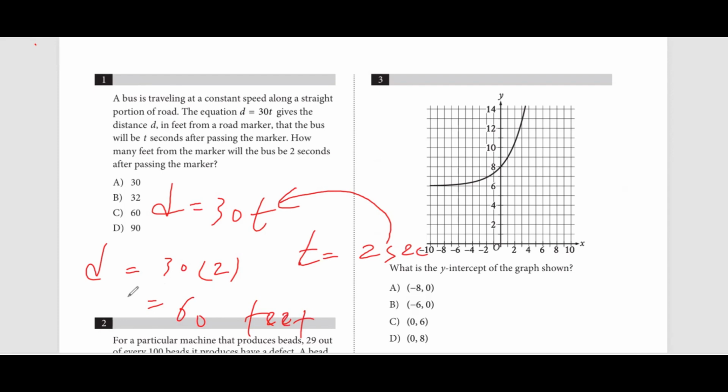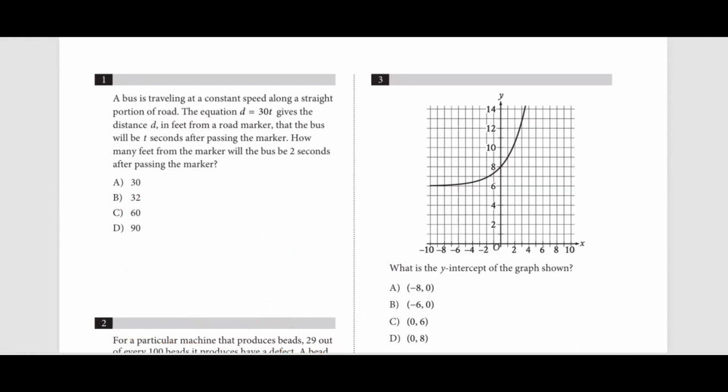So 30 times 2, yes, right? 60 feet. So option C is the right one. So this question is very easy. Just put the value of t in that formula and we have the answer.